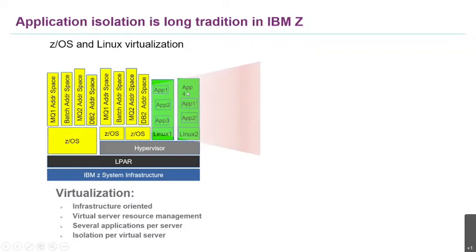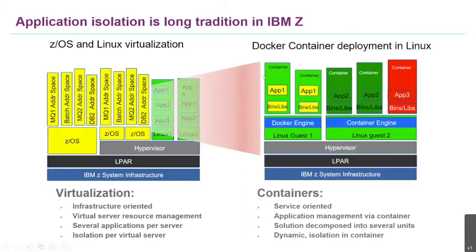Therefore, a container is basically isolating those applications, including the binaries and libraries that the application needs, and that's basically building the container. And now if you compare Linux guest one and the container running application one twice with z/OS, there are basically two address spaces running the same applications side by side. So from an isolation perspective, it's similar. Not the same, similar.